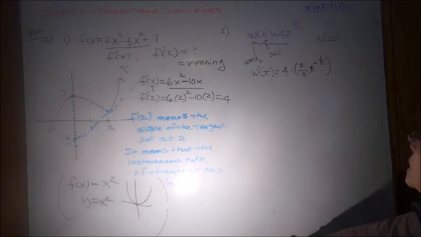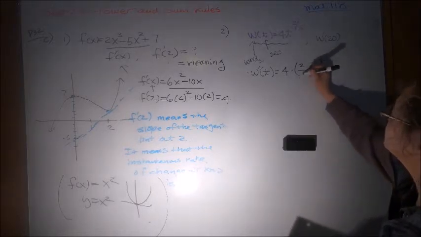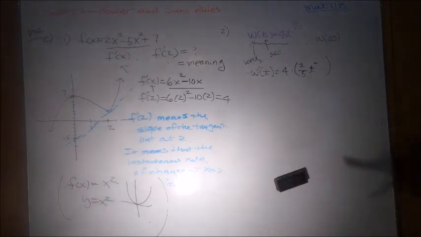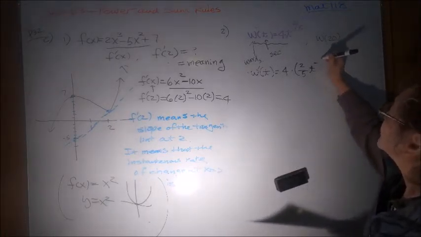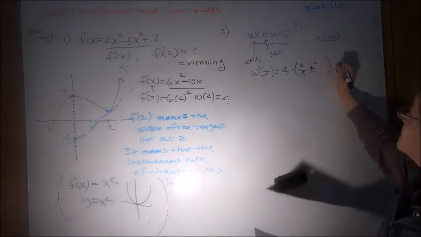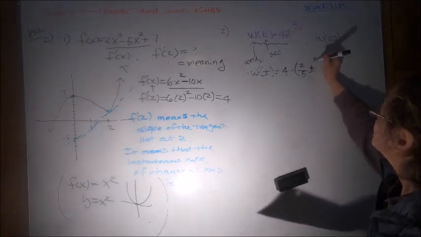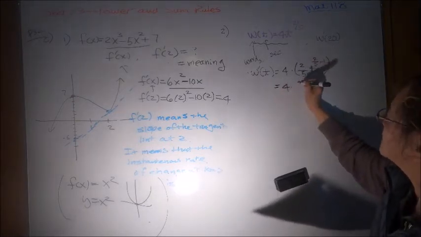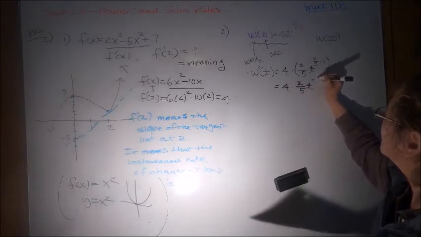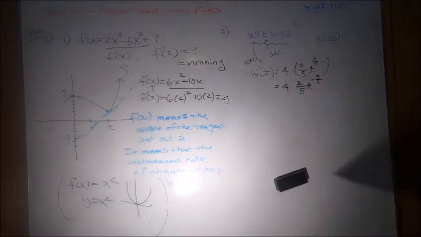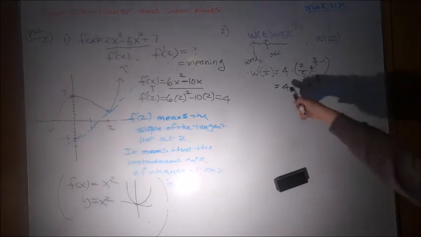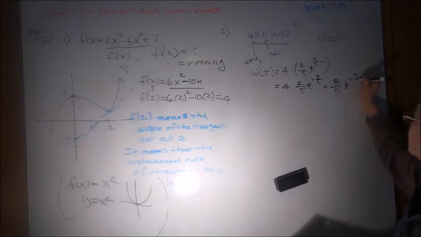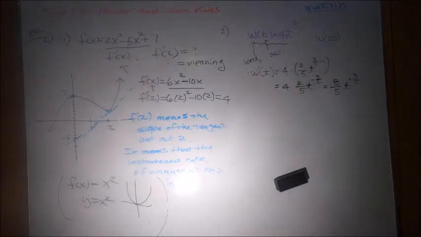So it should be 2/5 here. And 2/5 minus 1 would be negative 3/5. Let me just write it so you remember. So that will be 4 times 2/5 t to the negative 3/5. Then we multiply them. That will be 8/5 t to the negative 3/5. So first we take a derivative.